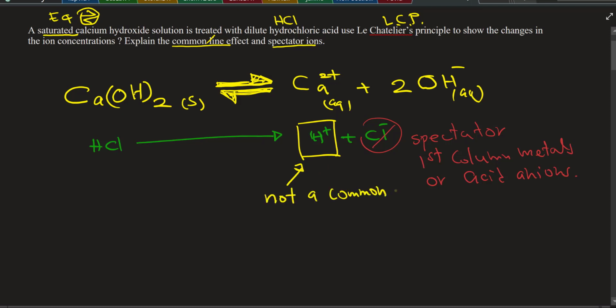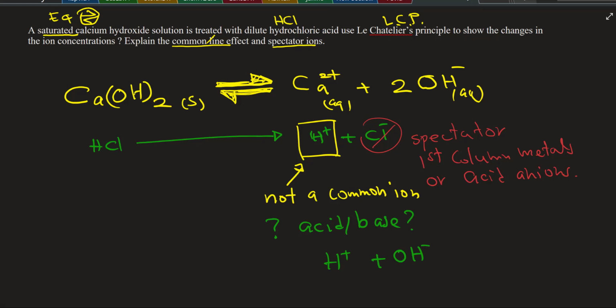Now H+ is not a common ion and not a spectator, right? It's a kind of weird thing, but we have to know H+ are protons, part of the acids, and they will do acid-base chemistry. They are fast and they have a prominence, right?